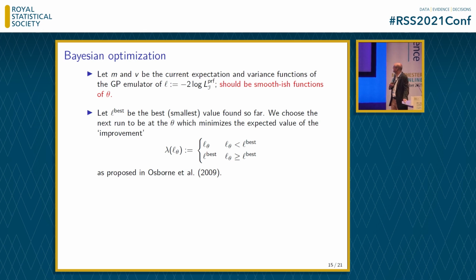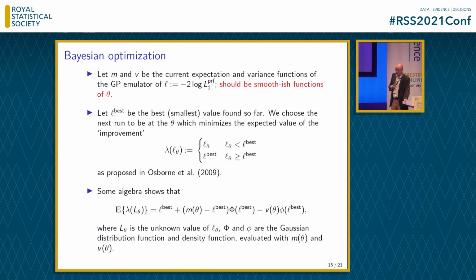Now, the reason for using this function here is because it has a closed form expression for its expectation. And you can see right away here, which I think is fascinating, that this expectation captures the two different things that we worry about when we're doing optimization of an uncertain function. We always think about the two things: exploit and explore.